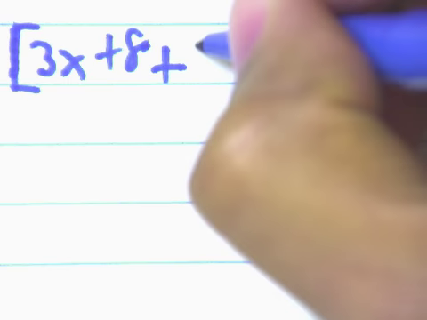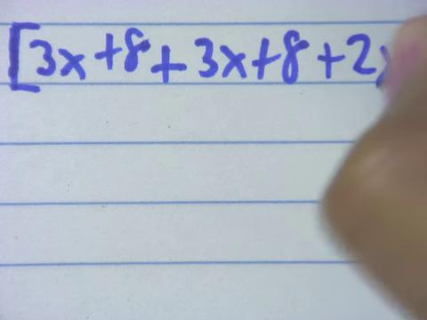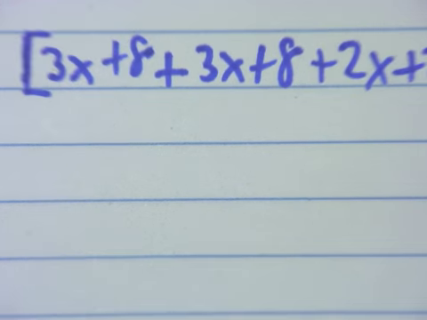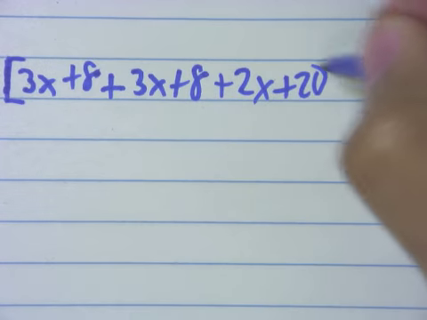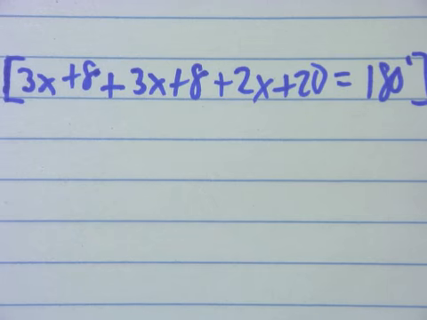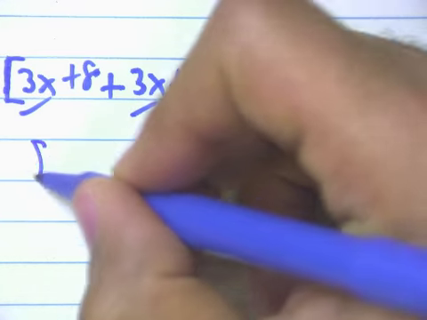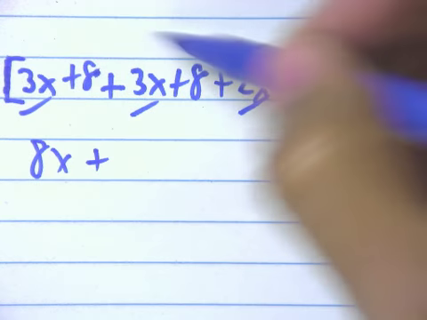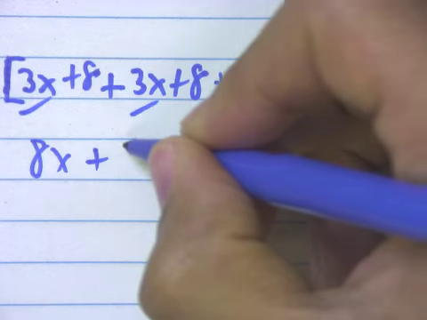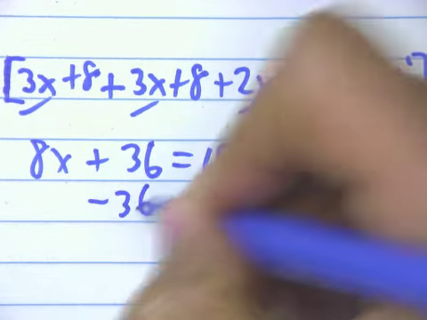So let's do that here. Let's set them all equal to 180. So I'm going to have, by the way, that's a little bracket there, 3x plus 8 plus 3x plus 8 plus 2x plus 20 is equal to 180 degrees. Okay, I'm adding up all the angles together. Let me combine my like terms. 3 and 3 is 6, plus 2 is 8, so that's 8x.